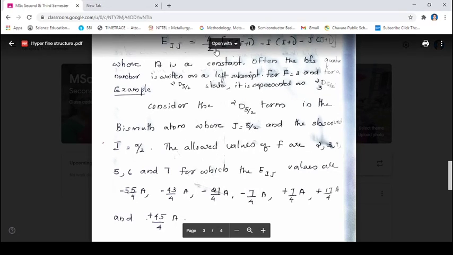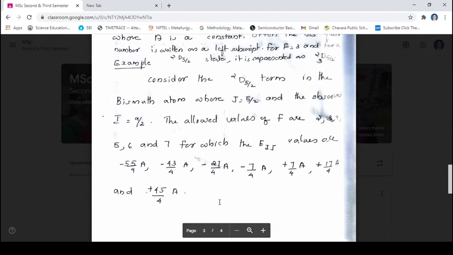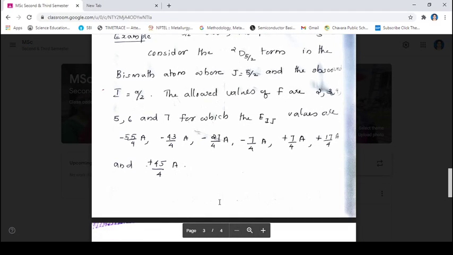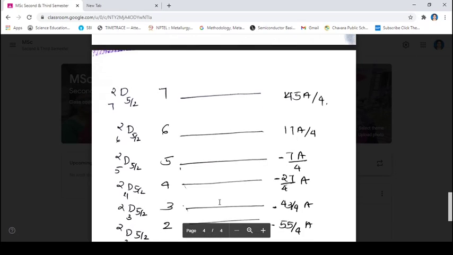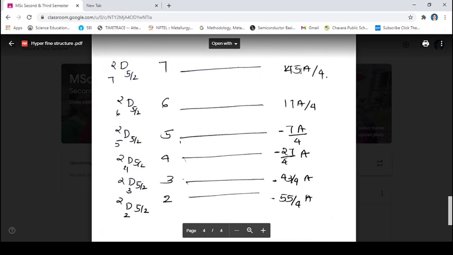Now the interaction energy can be calculated using this relation. If you substitute the values, you will get the various interaction energy terms, and you can plot them like this. There is a plus term and a minus term. These are the terms 7, 6, 5, 4, 3, 2, with the corresponding interaction energies.